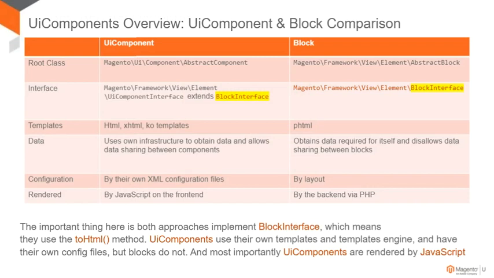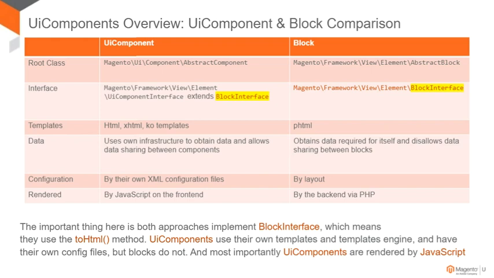This table presents similarities and differences between UI components and blocks. As you can see, blocks and UI components have one thing in common. They both implement block interface, which means they use the toHTML method. UI components have their own templates, XHTML and HTML files, while blocks use PHTML templates.